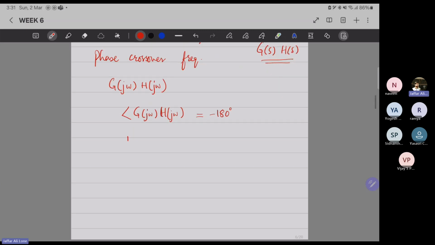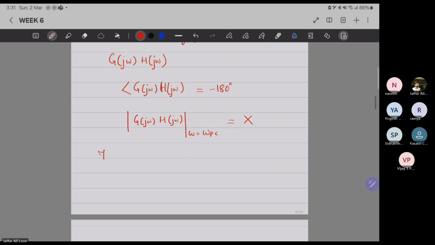And if the magnitude of G(jω)H(jω) at ω equal to the phase crossover frequency is equal to x, then gain margin is equal to 1 by x. Or as I told you in the beginning, if I have to calculate in decibels, what will I do? 20 log of 1 over x, which will be 20 log of 1 minus 20 log of x.